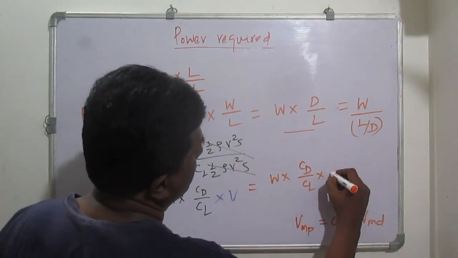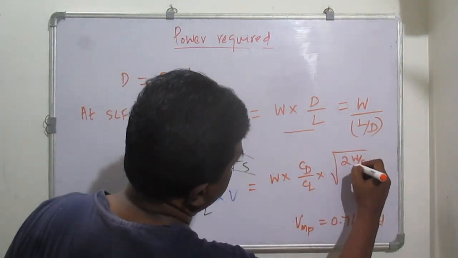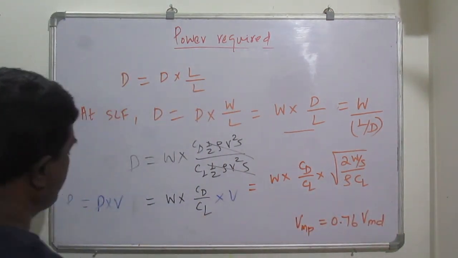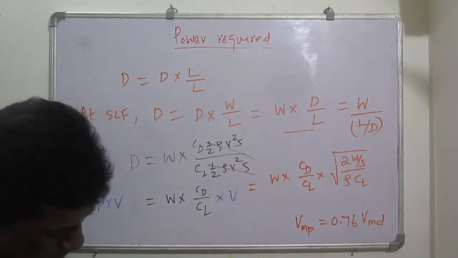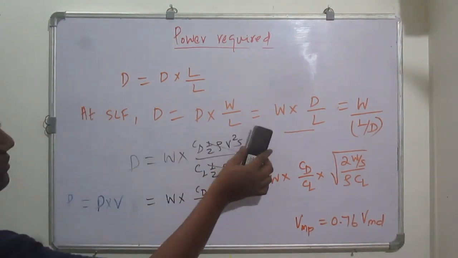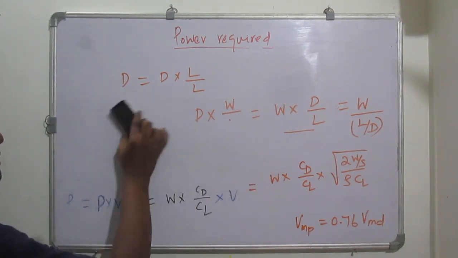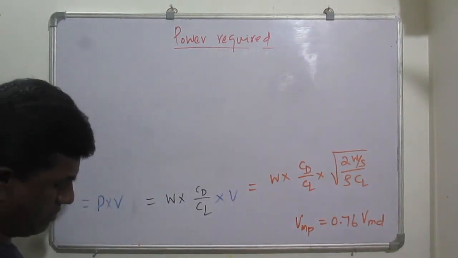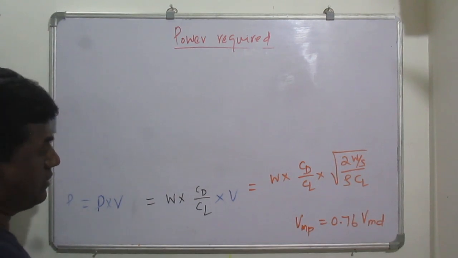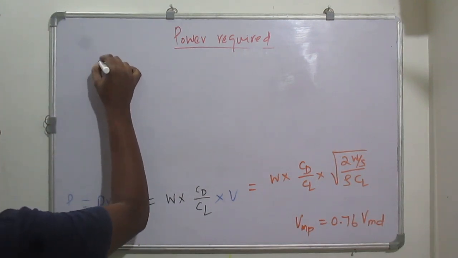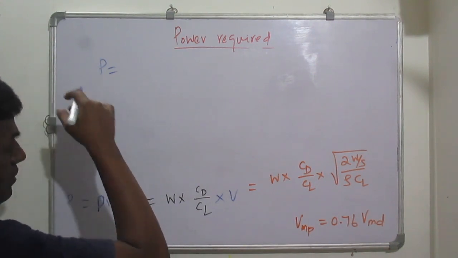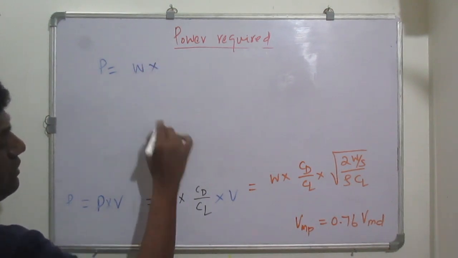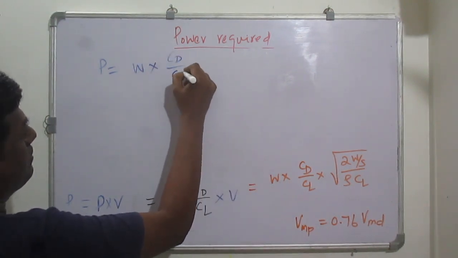In this, V is nothing but square root of 2W by S by rho CL. Further simplifying, our P equals W into CD by CL.